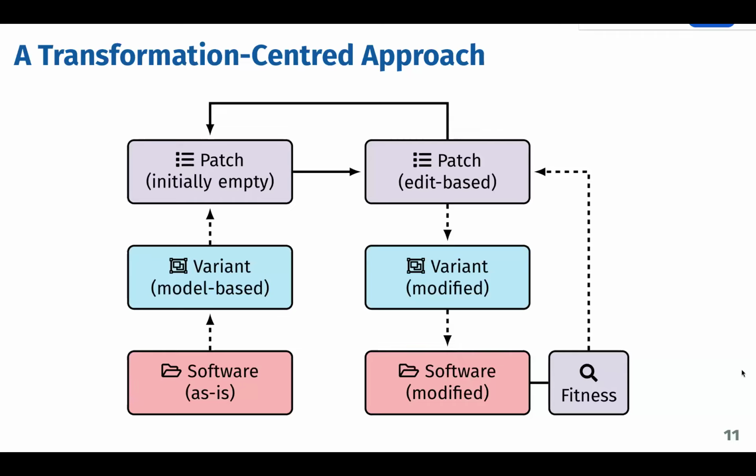You then start from an empty list of transformations, and then you have a main loop in which you add more and more transformations. From that list of transformations, you can recreate a new variant, apply it on disk, compute the fitness to see whether your new software is more interesting or less interesting, and then ultimately get your improved software.